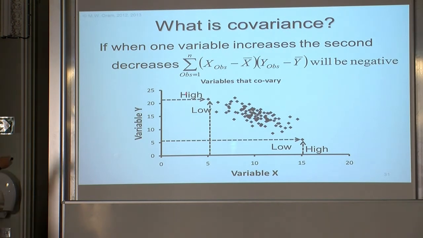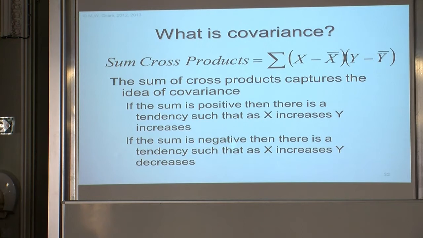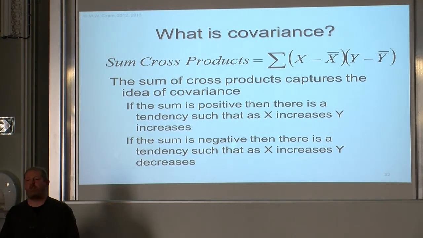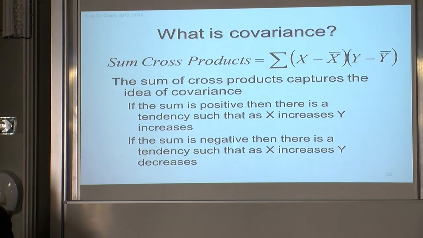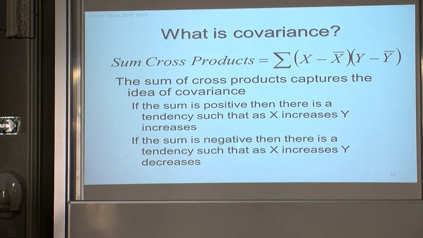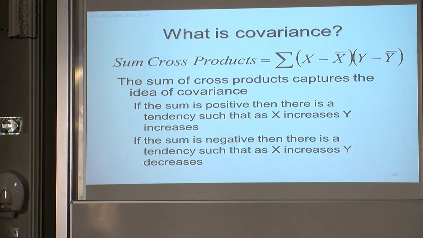The reverse, you've got high, low and low, high. So the sum of those cross products will be negative. Okay, so the sum of the cross products is the core of covariance, and it captures the idea of if one variable increases, the other will either increase, positive correlations, positive covariance, or decrease, a negative covariance.